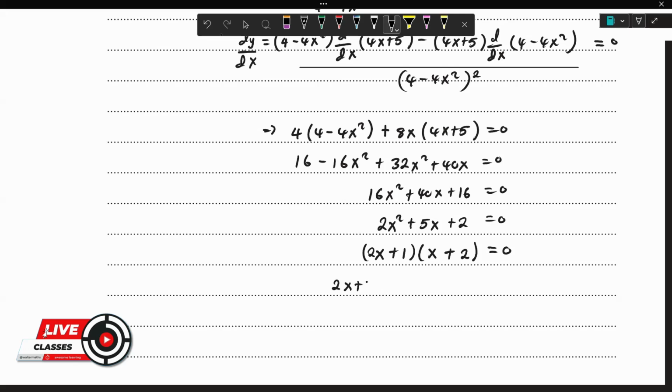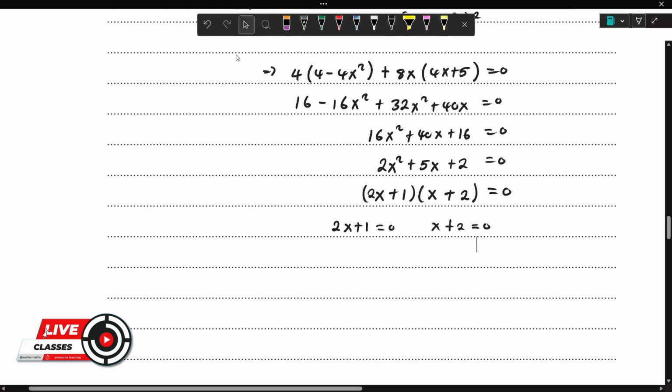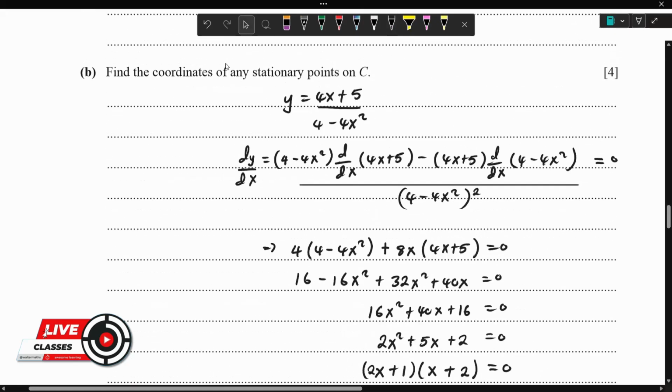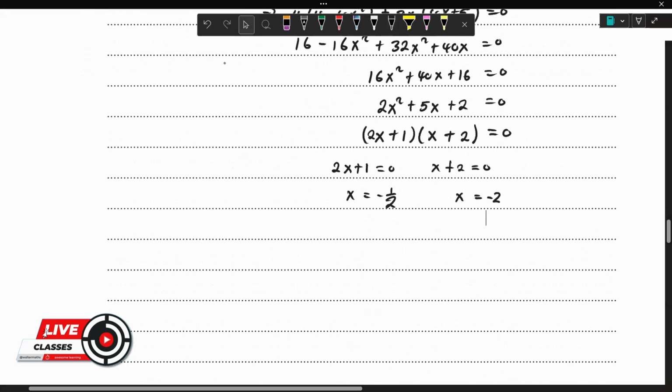So (2x + 1) equal to 0, or (x + 2) equal to 0. And then x, therefore, is minus a half, and x is minus 2. So these are the two x values.